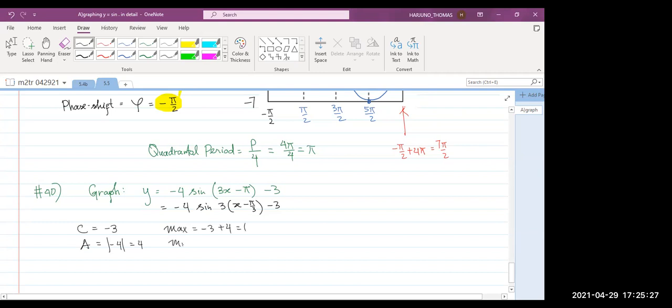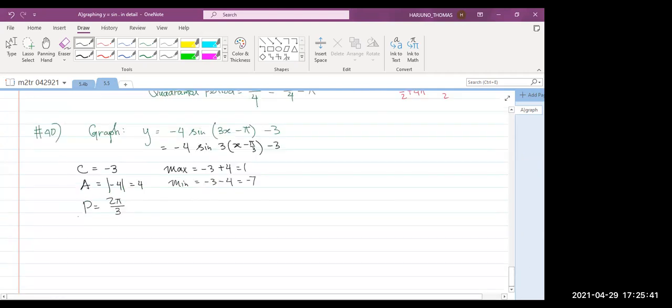The minimum is -3 minus 4, which is -7. The period is 2 pi divided by the coefficient of the angle. And the phase shift is whatever you shift to the left or to the right. Here you shift to the right pi over 3 units.